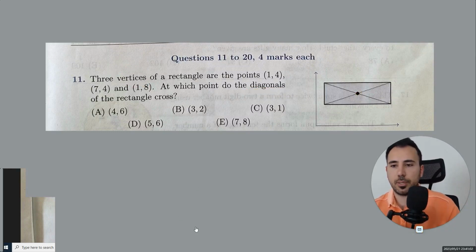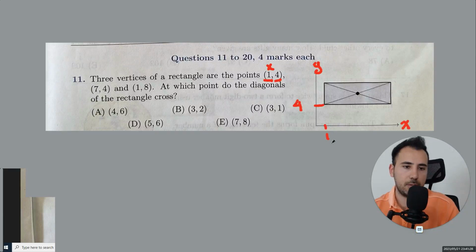So you just need to spot these points, right? But remember, this is the x-axis, this is the y-axis. The first number will show the x-axis, the second one the y. So this one, we have to go on the x-axis. 1 will be here, so 4 will be here. This is 4, this is 1. Now with the same 7 and 4, as you see, the y is not changing.